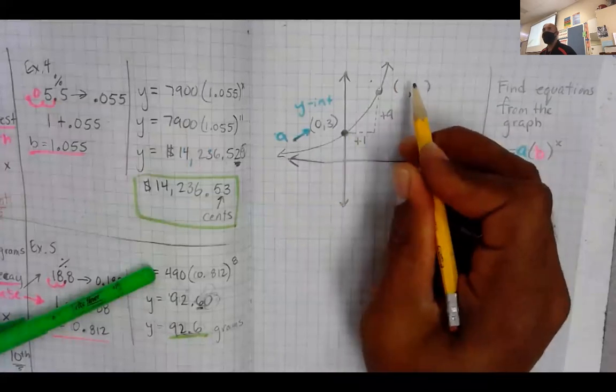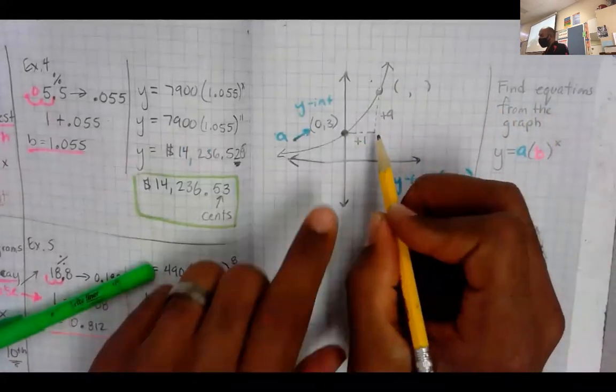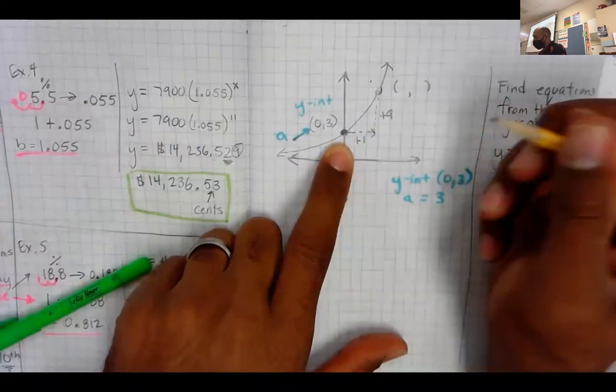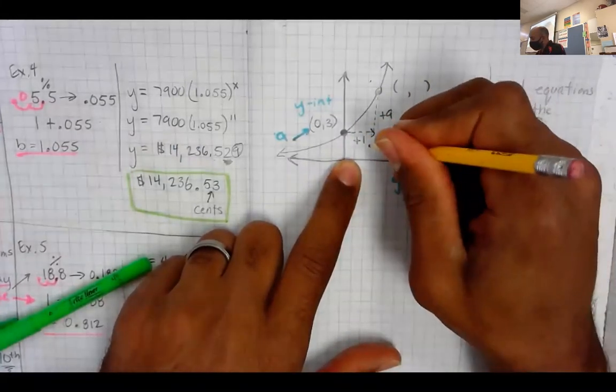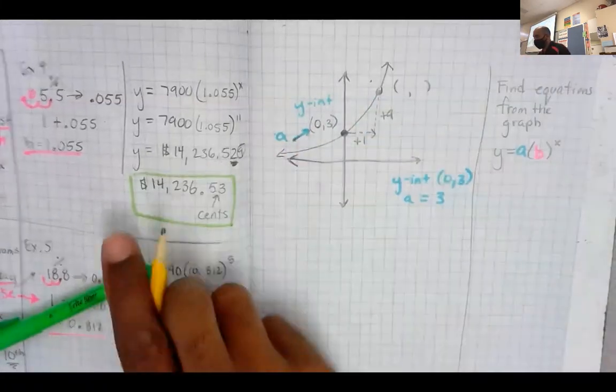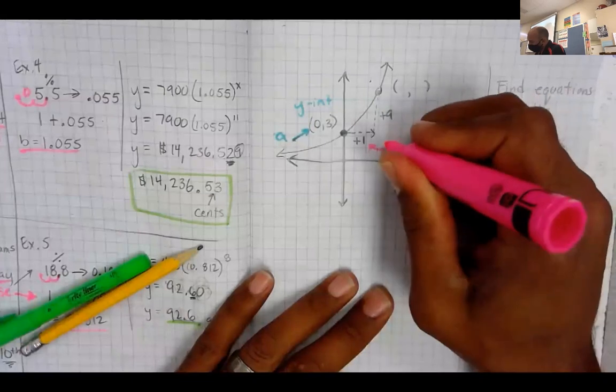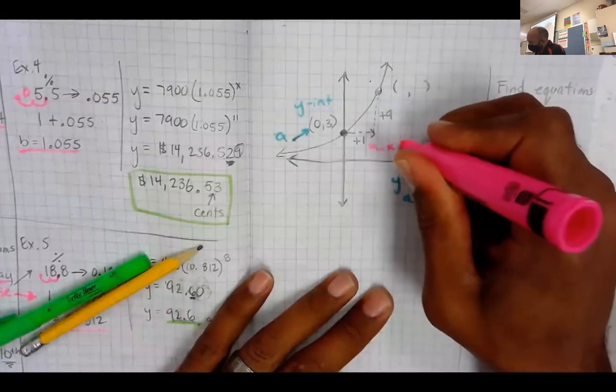All right, well, we have to find the next point to get the b value. So what's happening here? If I go over 1 to the right, this is x increase.